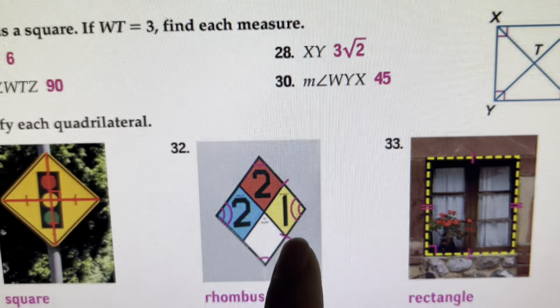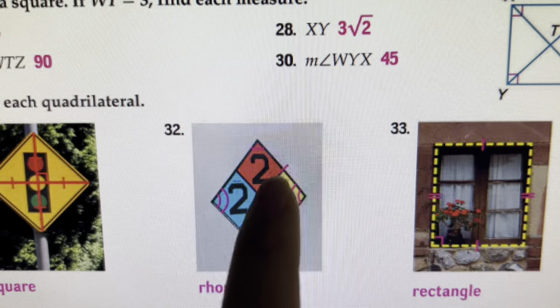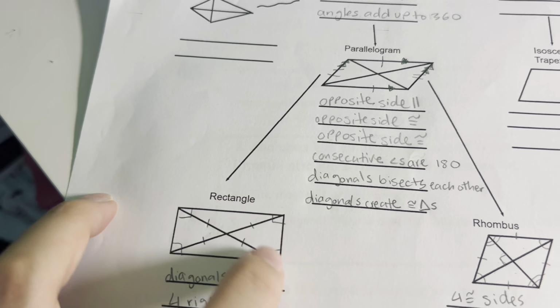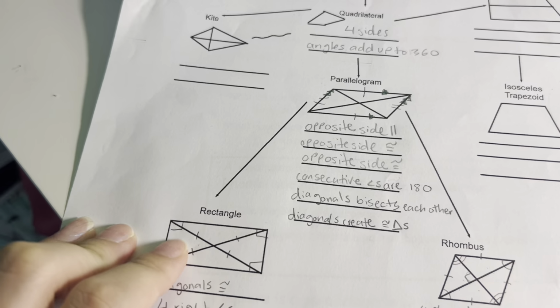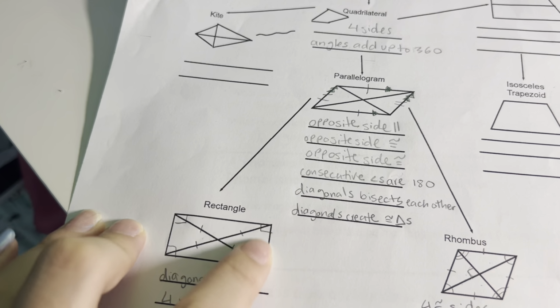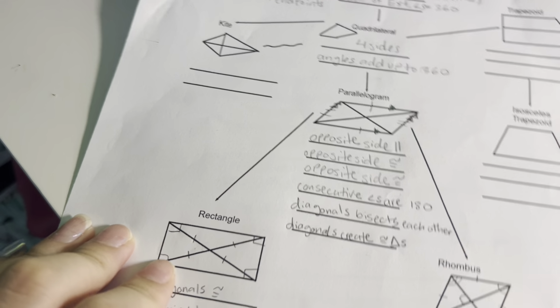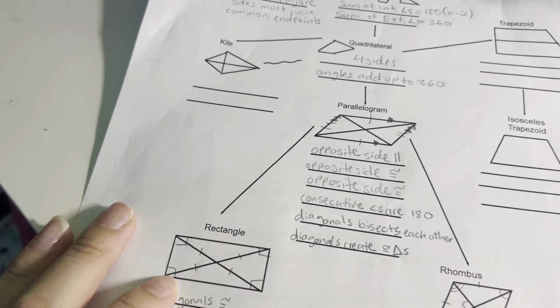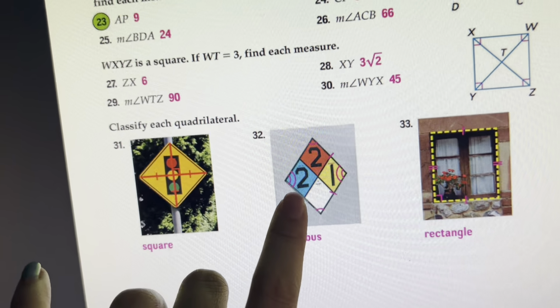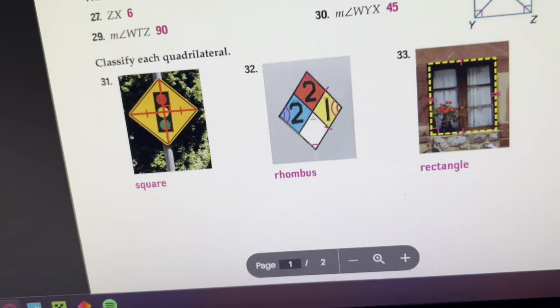And they're giving you that these two sides are congruent. So look, you see how a rectangle has all four angles equal to 90 degrees, where this angle is congruent to that angle, congruent to this angle, and congruent to that angle. But this picture shows only the opposite angles are congruent.